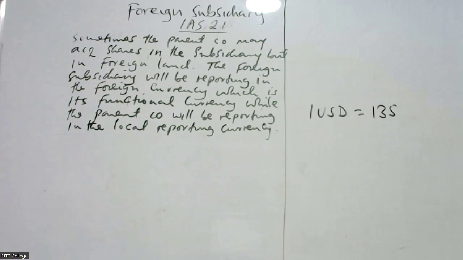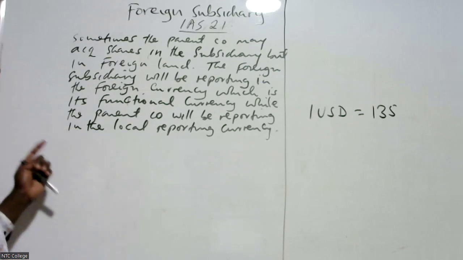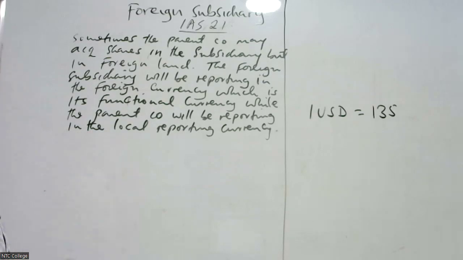The foreign subsidiary will be reporting in the foreign currency, which is its functional currency, while the parent company will be reporting in the local reporting currency.